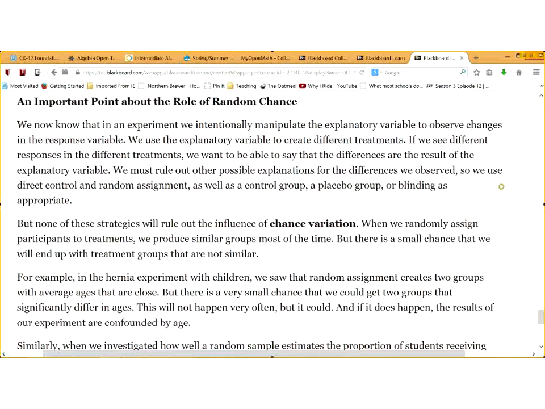So, for example, if I was teaching an online stats class and an in-class stats class, and I looked at their average grades on test 1, the average test grade for the two classes is almost certainly going to be different, just because there's random chance variation in who's in the classes and how they do on the test. What I'm interested in is, is that difference more than we would expect just by random chance? And so that's when we start to say, okay, the difference is real.